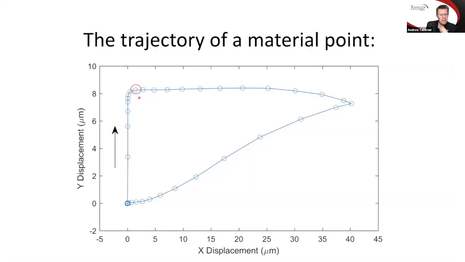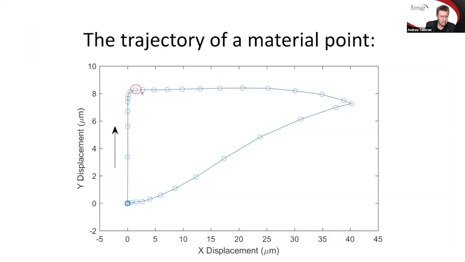It allows us to do very interesting things, such as look at the trajectory of individual material points. The circle here is showing the resting position of a particular point in our muscle sample, and we are now tracing its motion as it contracts.